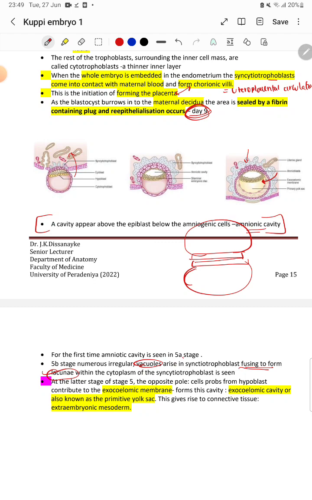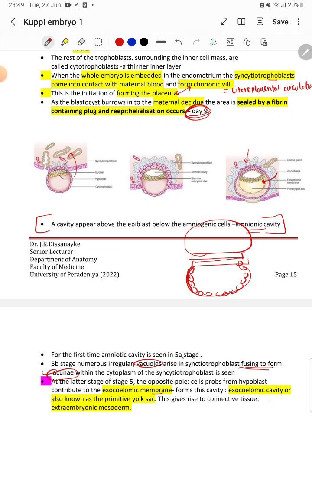Again, I'm not really sure about the pronunciation, but this arises from the exocoelomic membrane, which comes from cells, probably according to the book Langman's, from the hypoblast. So these cells make up this membrane, and then this membrane will form this cavity.